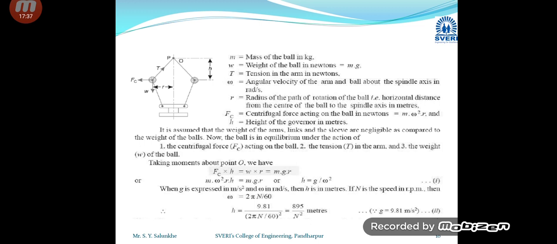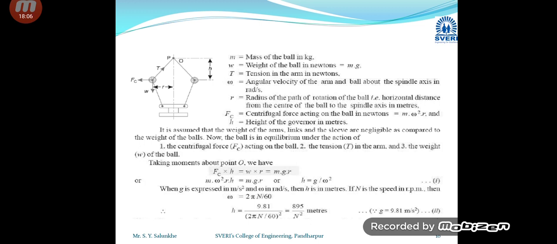These constants will be multiplied and divided as per their position, and we get one constant, that is 895 divided by N square. So here we get the relationship between h and N, where N is the speed of the governor, or directly we can say the speed of the engine also. Engine speed and governor speed are the same speed, as we will see in some examples.